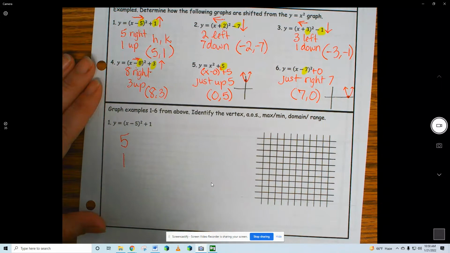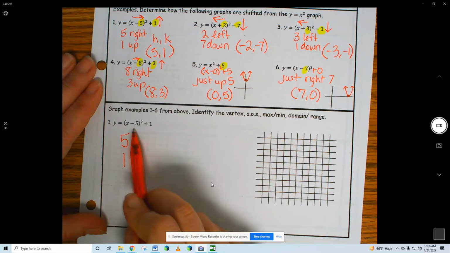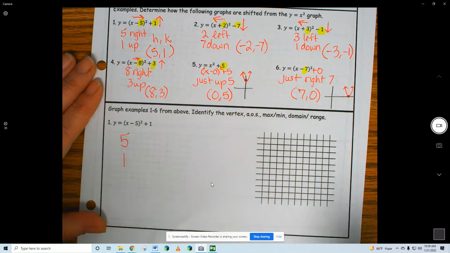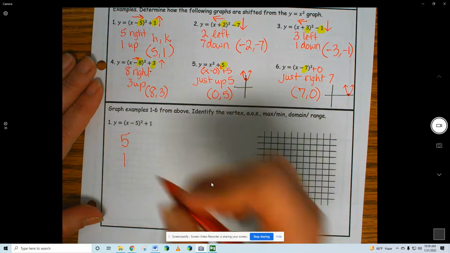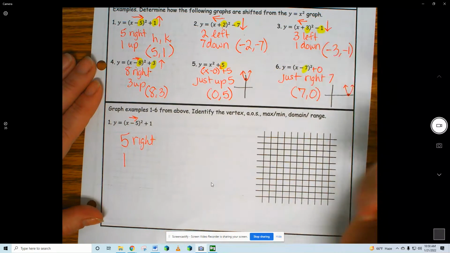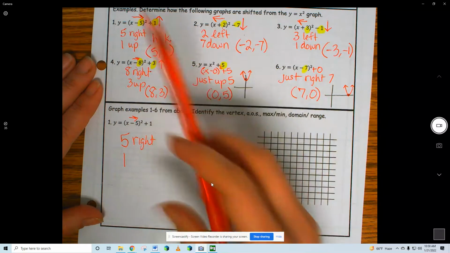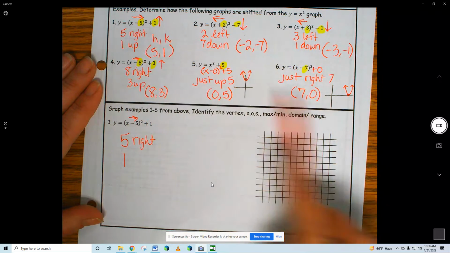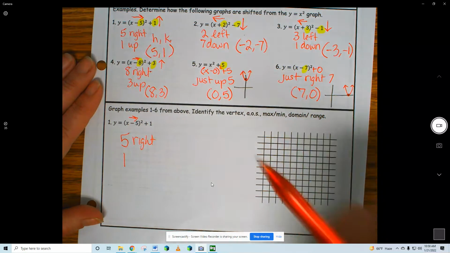This goes left or right, and it's the opposite sign. So it's not going to be left 5. A lot of students think, oh, it says negative 5, I should go left. No, not when it's in parentheses. So I'm going to go the opposite way, 5 to the right. And I already did it up above. Do you guys realize it's the same thing as I just did above?